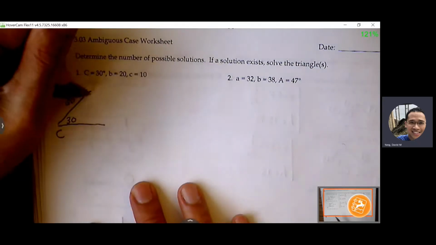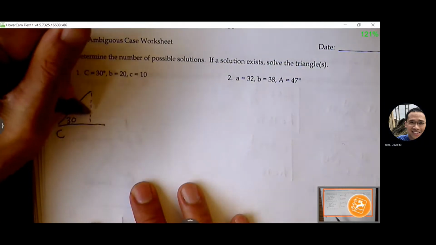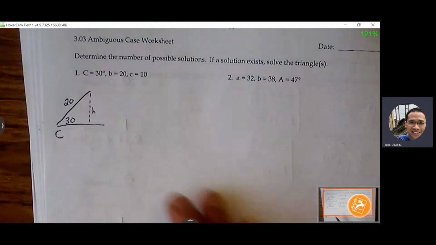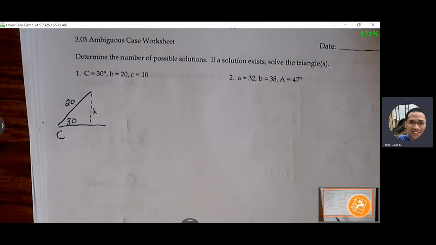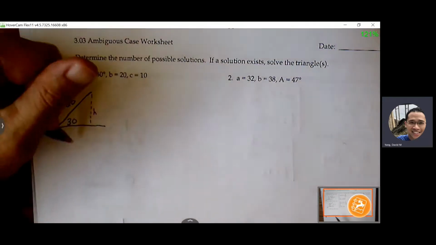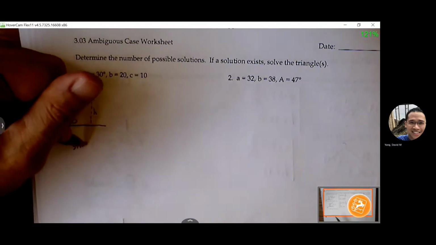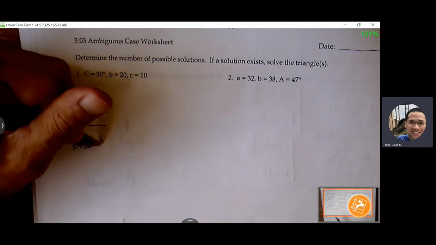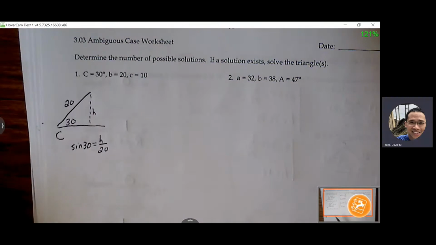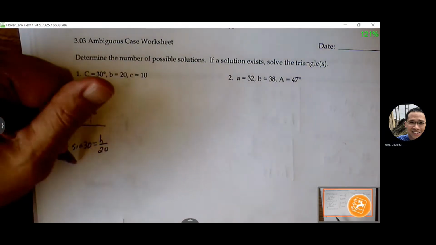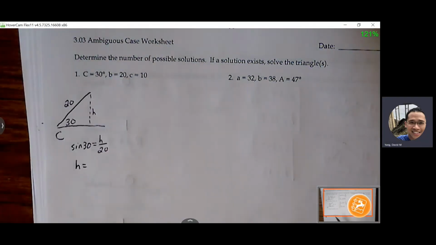Get that vertical height for reference. H equals 10.